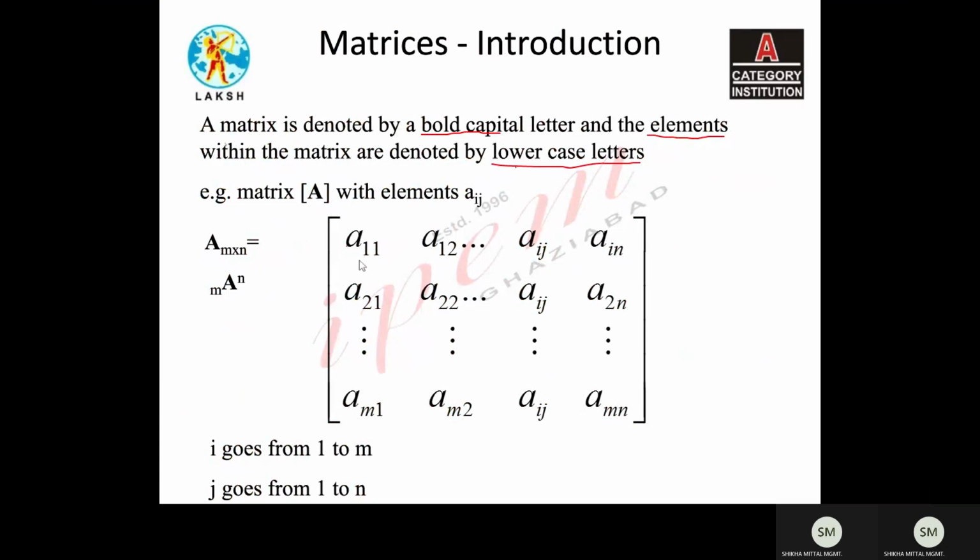So these a11, a12 are known as the elements. And elements we will denote by lowercase letters. The suffix, the first one represents the row, and the second one represents the column. This is in the first row, and this is the second column. So i goes from 1 to m, and j goes from 1 to n.